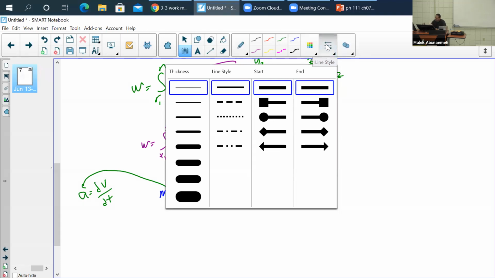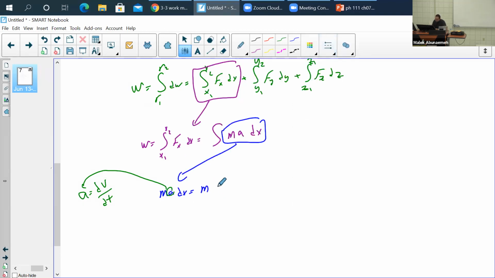So this is going to equal your mass multiplied by dv over dt multiplied by your dx. Well, now let's take dv over dt over here.